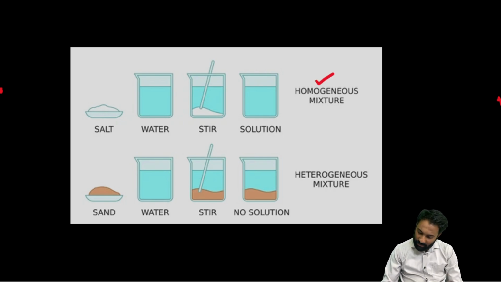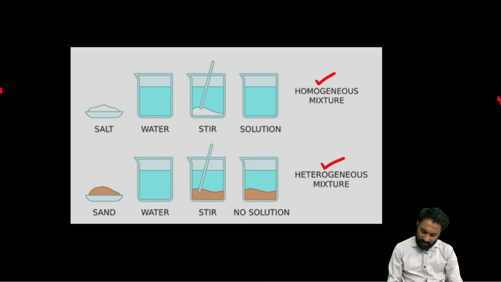One is a homogeneous mixture and one is a heterogeneous mixture. So what is a homogeneous mixture, sir? Homogeneous means uniformly mixed. So whatever solution we are going to see, our solution is a homogeneous mixture. What is the meaning of homogeneous? It means it is uniform, having the same phase.